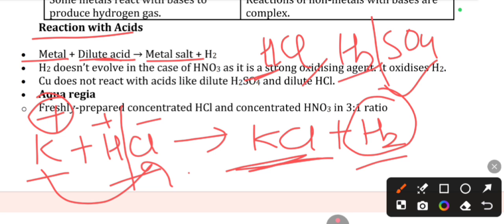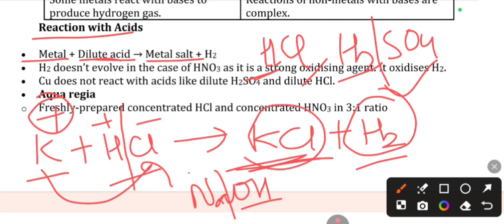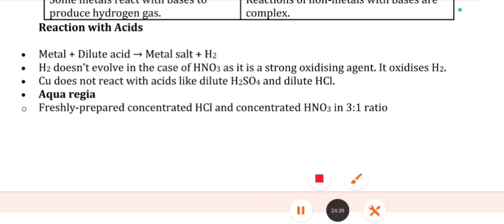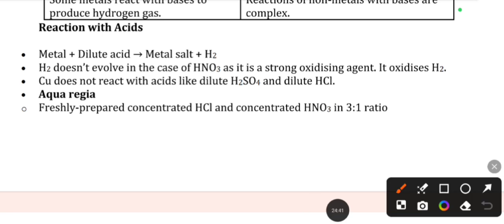And base, sodium hydroxide: you can see OH negative ion is present, so it behaves as a base. And which does not carry any H positive or OH negative behaves as a salt. So you can say, when metals react with acid, it will give metal salt and hydrogen gas.